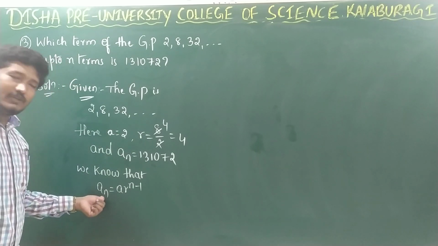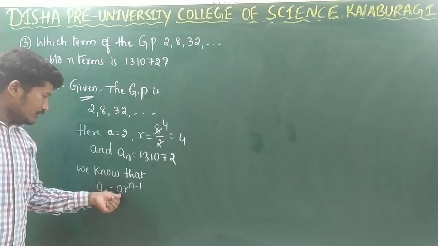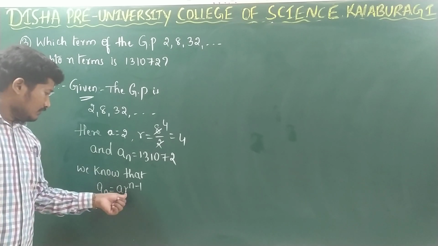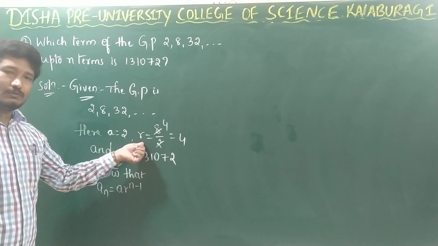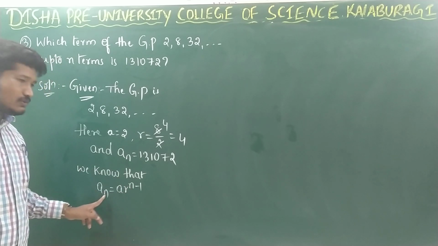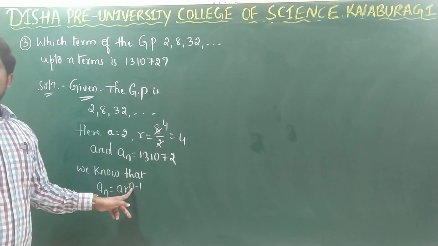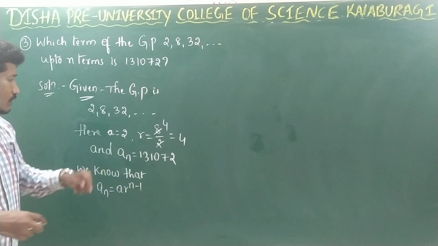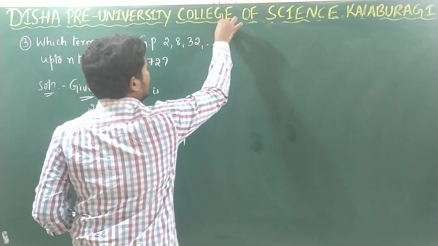So we know the value of an, we know the value of a, we know the value of the common ratio. So can we find the value of n here? We know three values, one is unknown, so I can find the value, right? So let us find out what it will be.